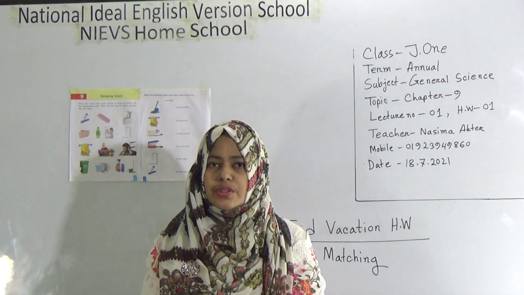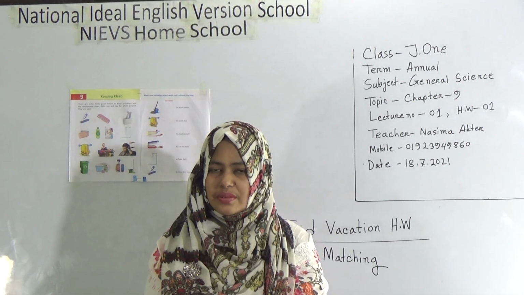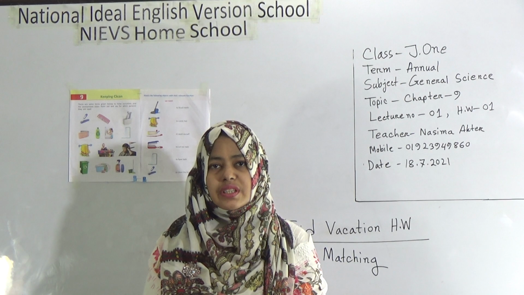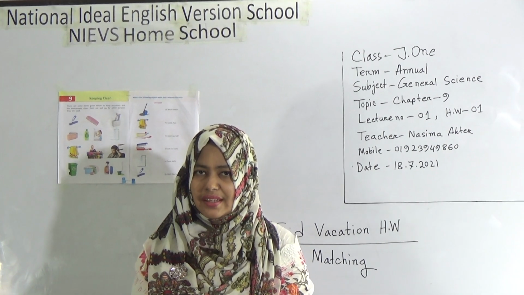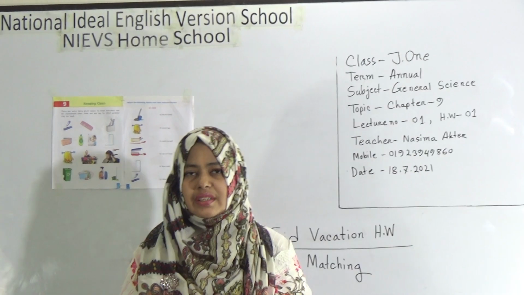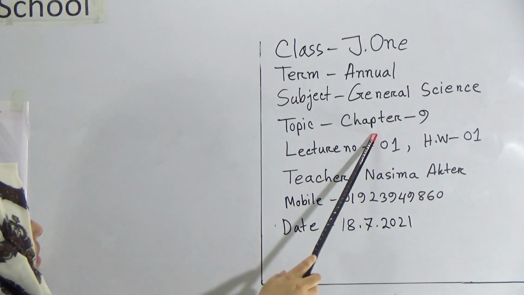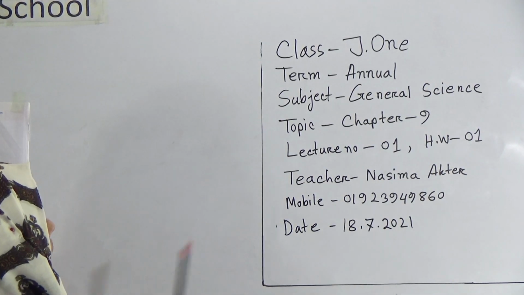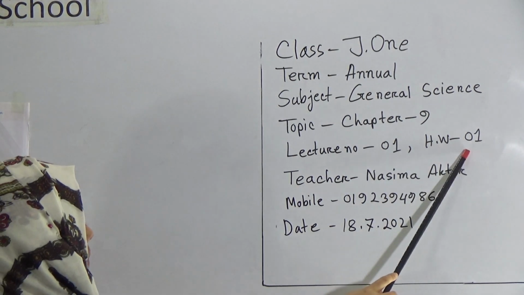Dear students, today I am going to take a general science class for Junior 1 students. Our today's topic is chapter 9, and the name of this chapter is Keeping Clean. This is lecture number 1.